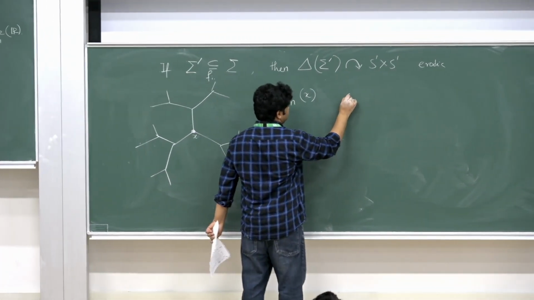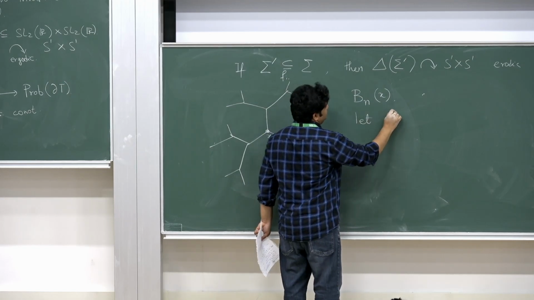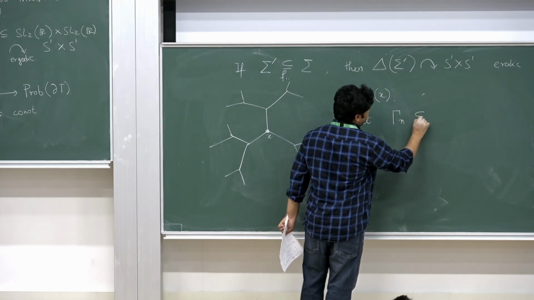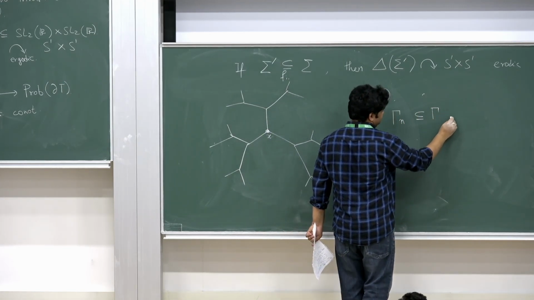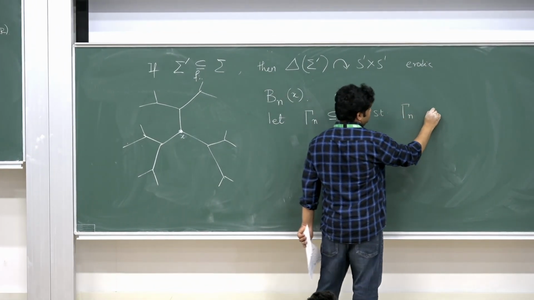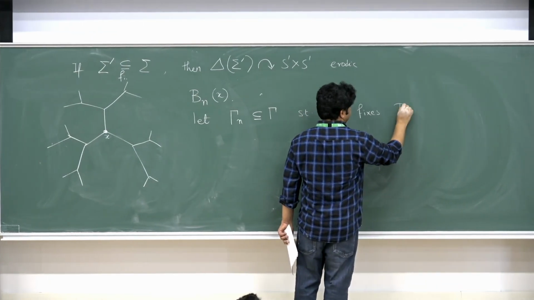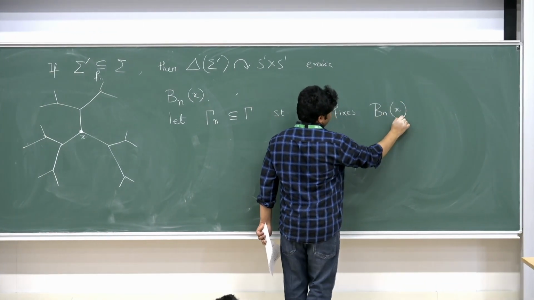And let gamma n be the finite index subgroup of gamma such that gamma n fixes the ball pointwise.